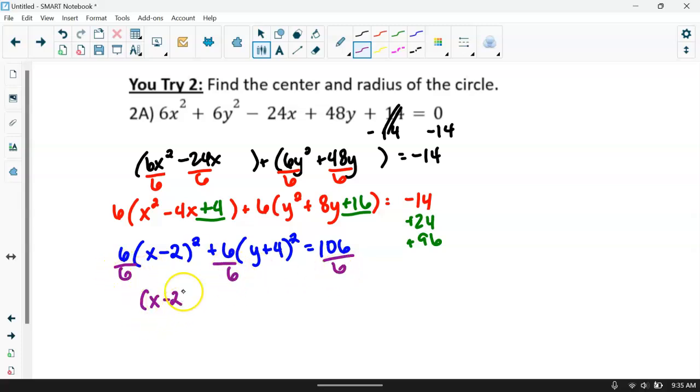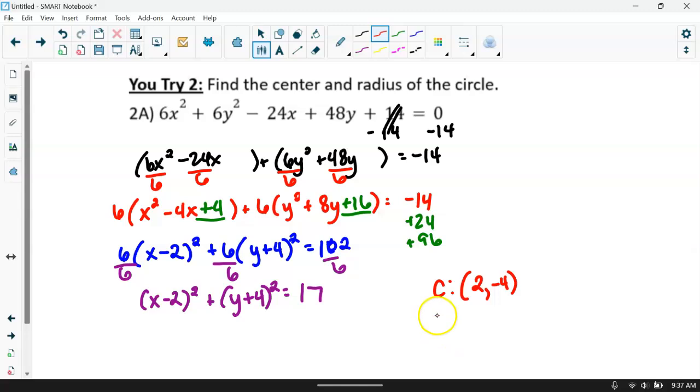Here we've got x minus 2 squared plus y plus 4 squared is equal to 17. Sorry about that, I just realized, not 106, that is 102, there we go. And when you divide, you get 17. So that means here, your center is 2, negative 4, with a radius of radical 17.